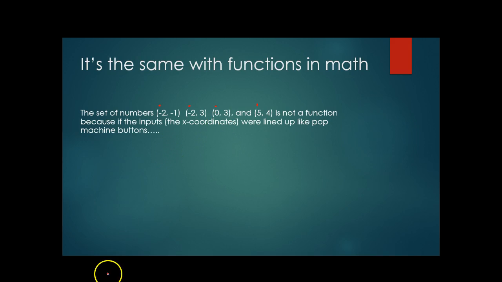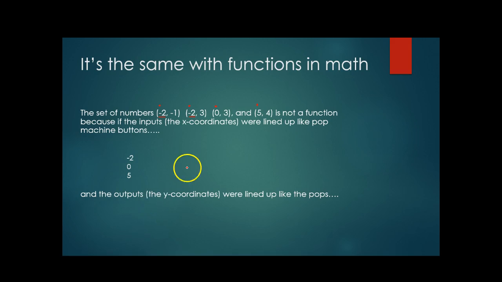If they were lined up like pop machine buttons, notice how there's only 3 because -2 occurs twice, and so we don't need to write it twice. Okay, so -2 occurs twice.